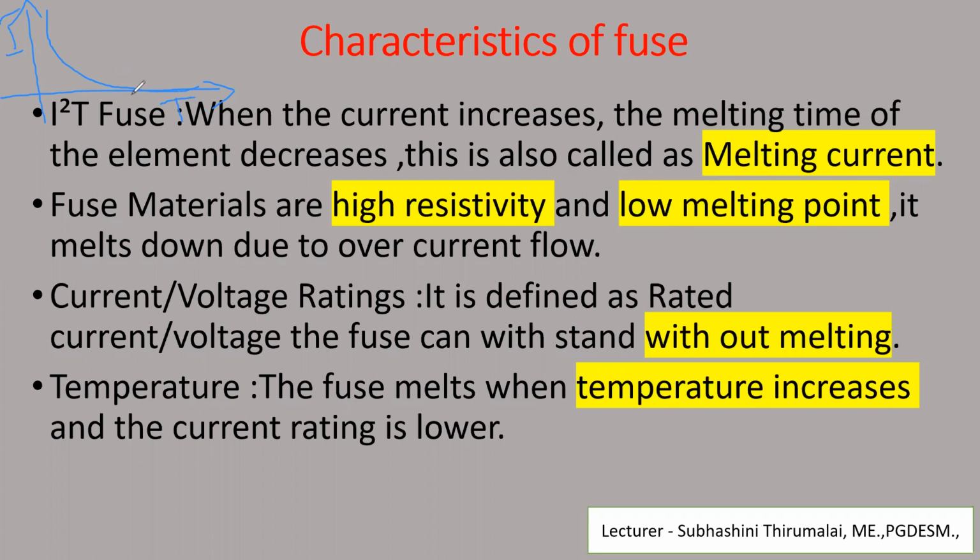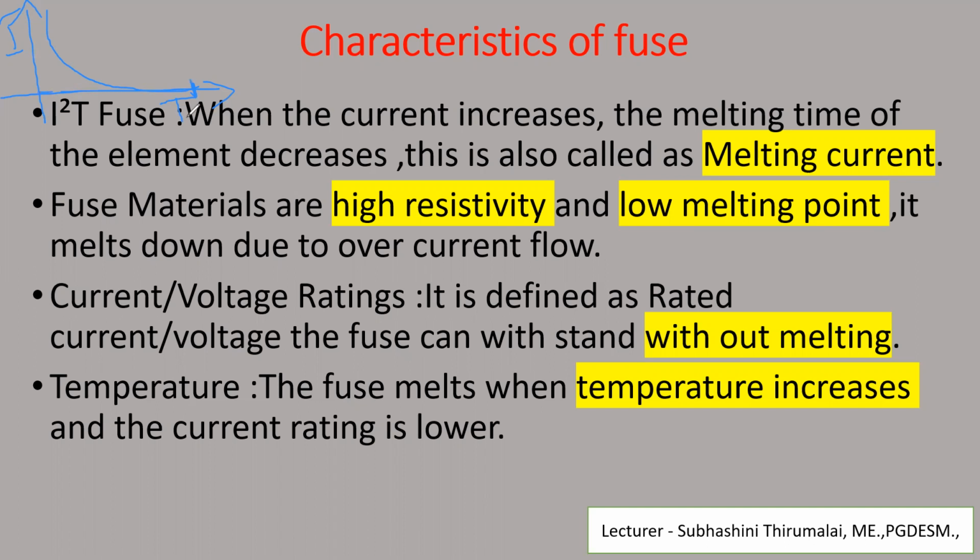When the time is at 0, the current is at its maximum point. When the time is at its maximum point, the current comes to the minimum point. Here is the actual reading. So these two are inversely proportional. That's why, when the current increases, the melting time of the element decreases. This is also called the melting current.